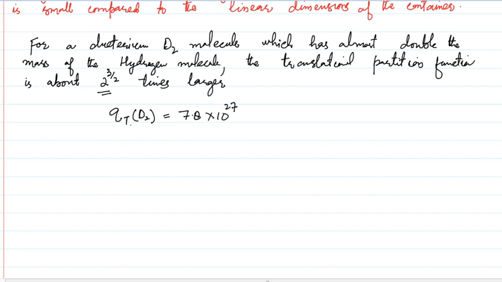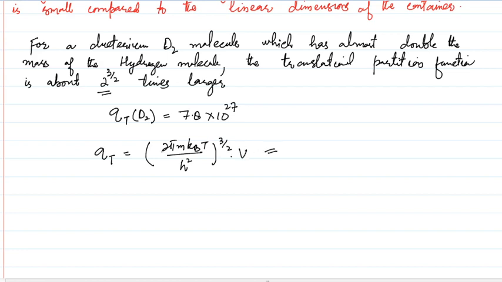We will see here this translational partition function we know is equal to (2 pi m kBT upon h square) raised power 3 by 2 into V.